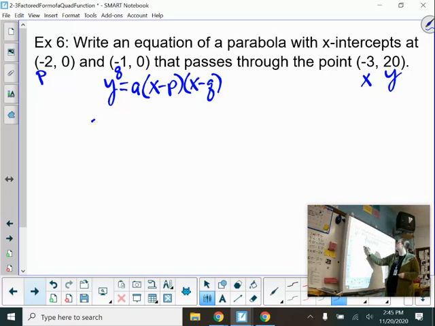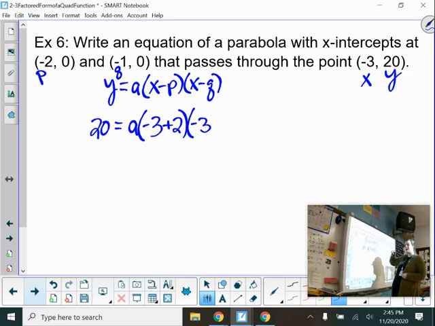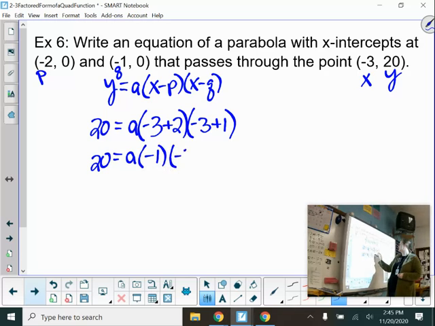So we have 20 equals a times -3 minus -2, which will be a plus, and then -3 minus -1, which again will be a plus. So I have -1 and -2.